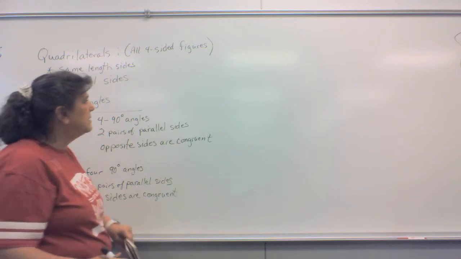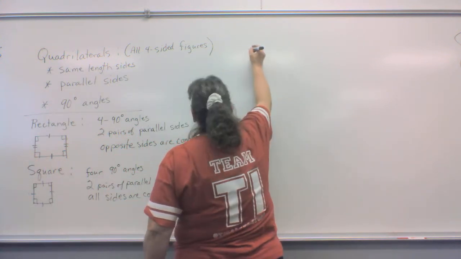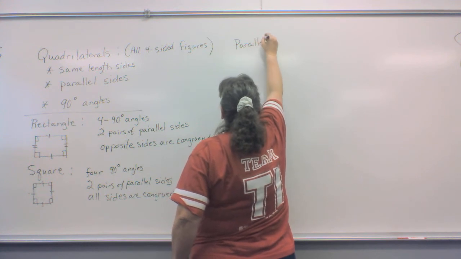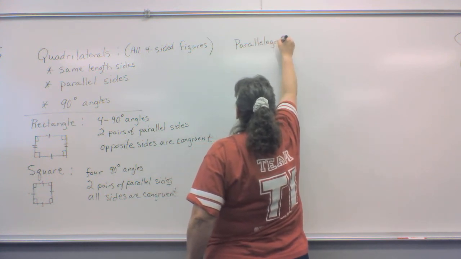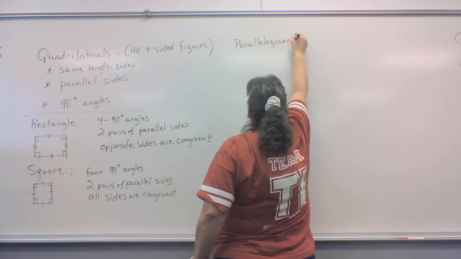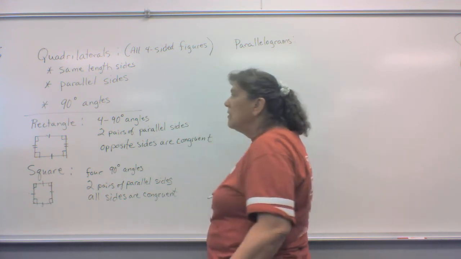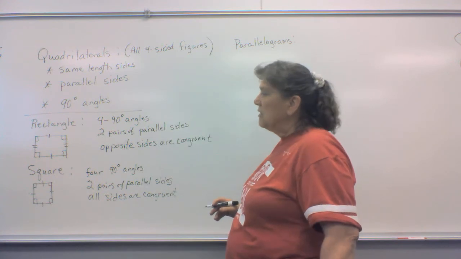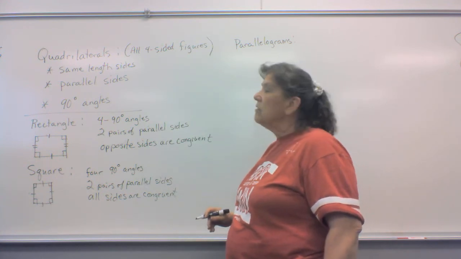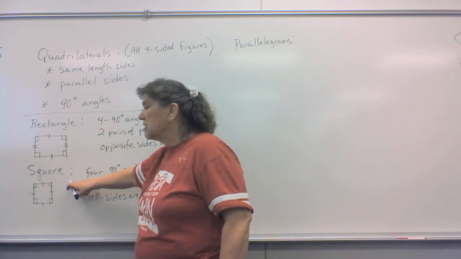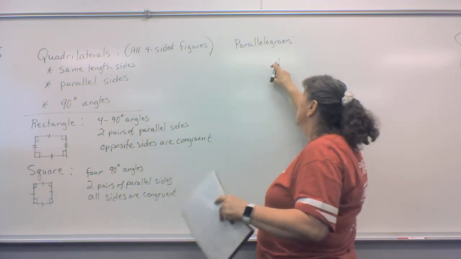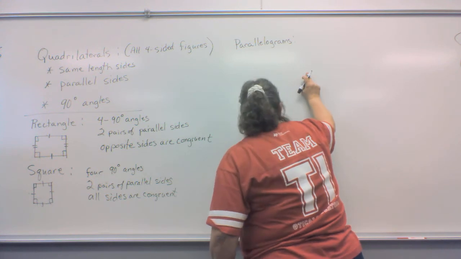Okay, now let's look at another one. Parallelograms. Okay, again, parallelograms can be a specialized rectangle, but not necessarily. A rectangle and a square are specialized parallelograms. So what makes a parallelogram distinct?